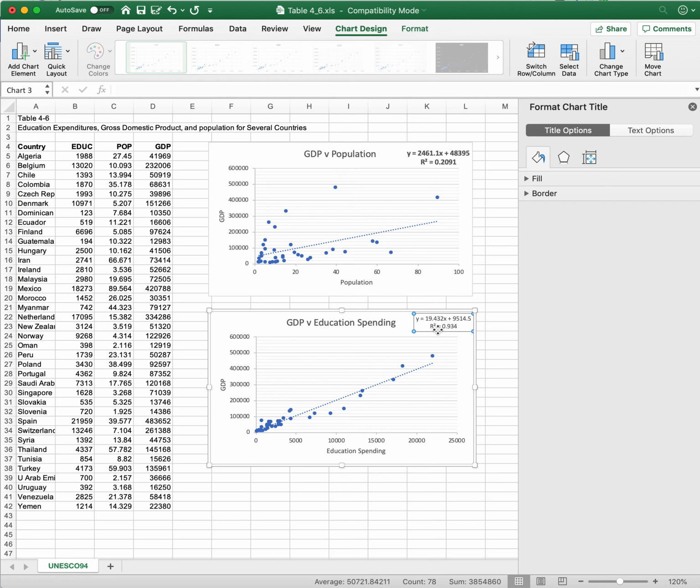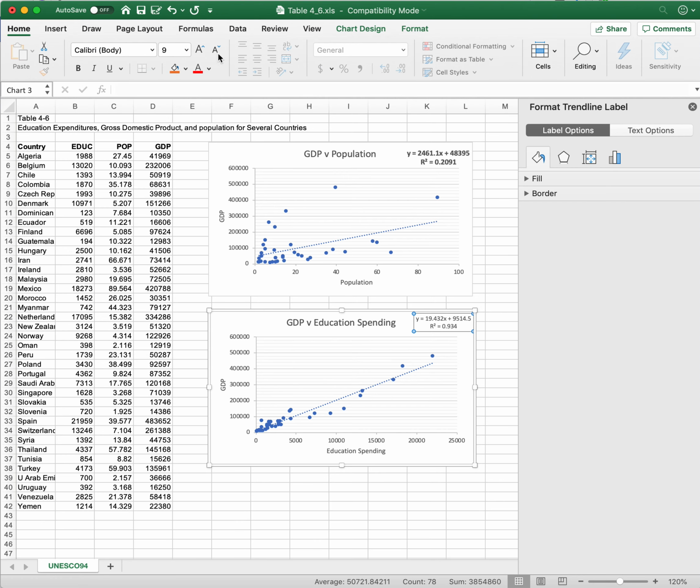And I got a nice little graph. Now, if we look at this, visually it looks really good, and the R squared is also very, very robust. It's showing 0.934, or 93% of the variation in GDP is explained by education spending.